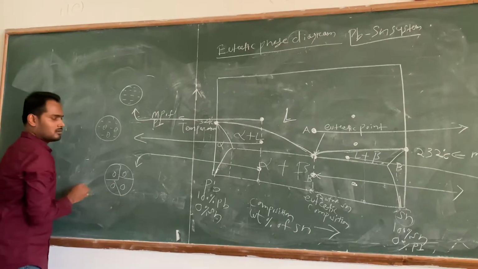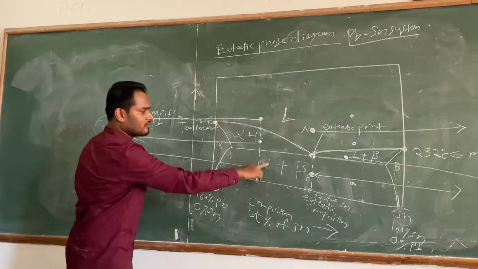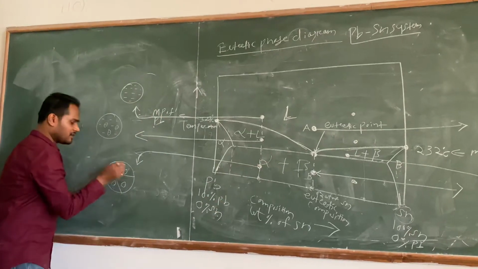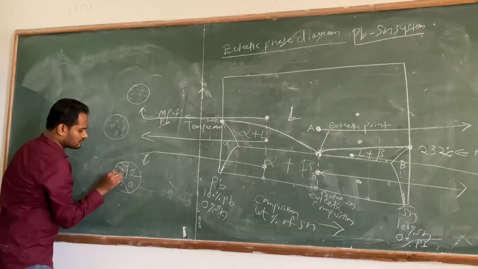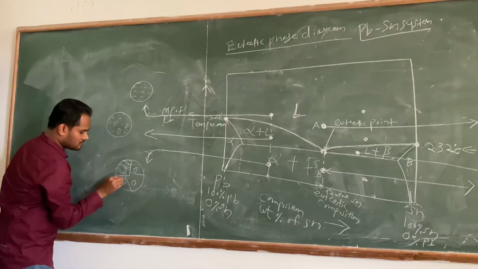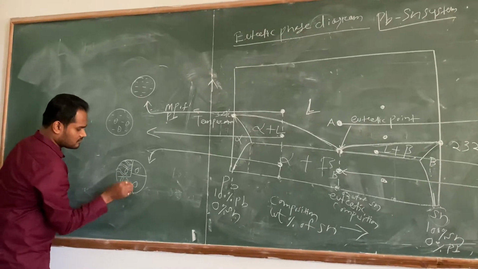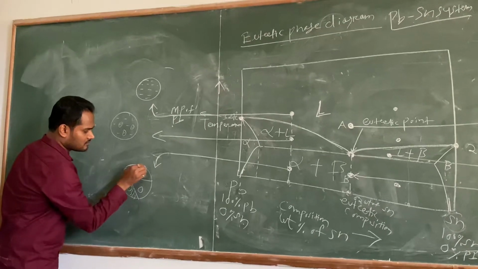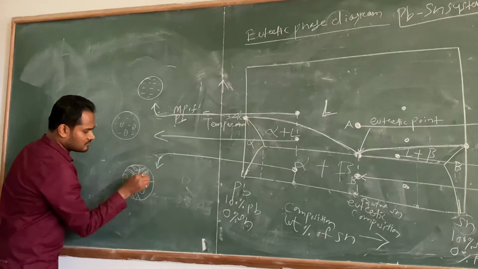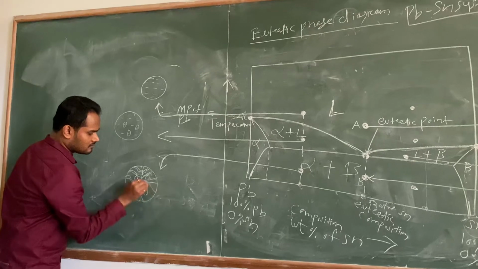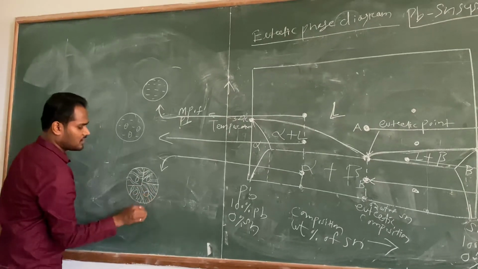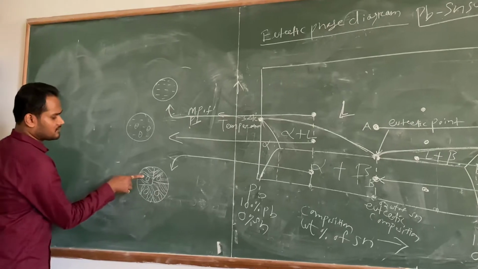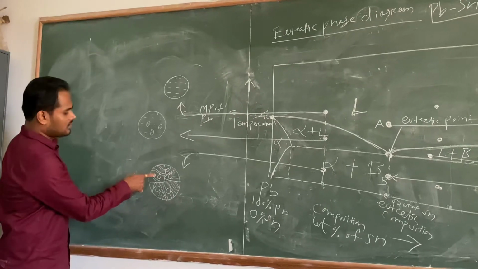Then I will have a mixture of alpha and beta, so I will have alternate layers. Suppose my layers are like this. This is alpha, this is beta.